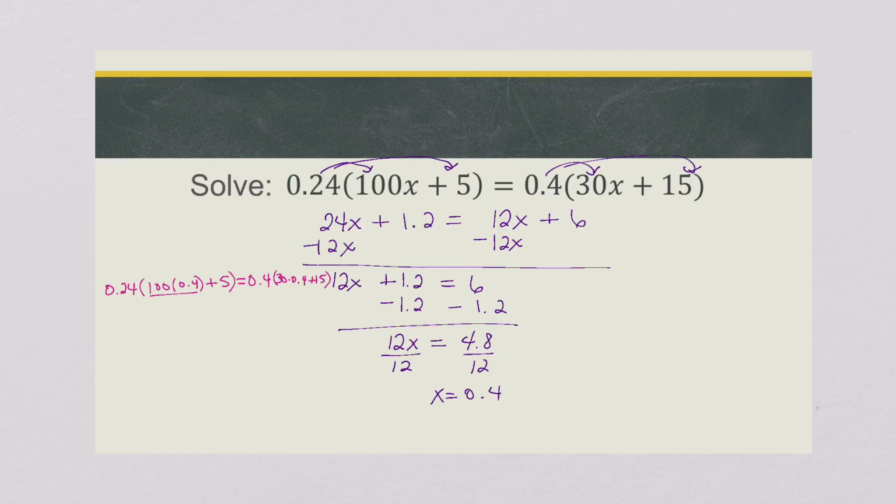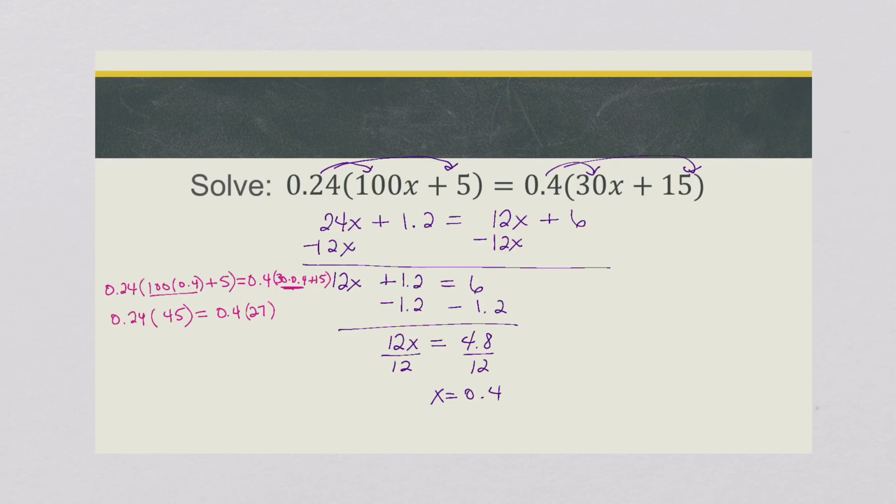Then I'm going to add 5 to that. So I get 45. So I've got 0.24 times 45. That's what I get on the left. On the right, I'm going to do this part first, then I'm going to add 15. So 30 times 0.4, I get 12 plus 15, and I get 27. So I've got 0.4 times 27.